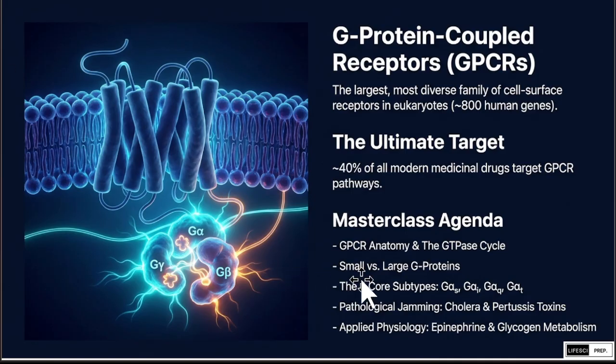As you know, it has two parts, a small and a large protein, with four subtypes: G alpha S, G alpha I, G alpha Q, and G alpha T.